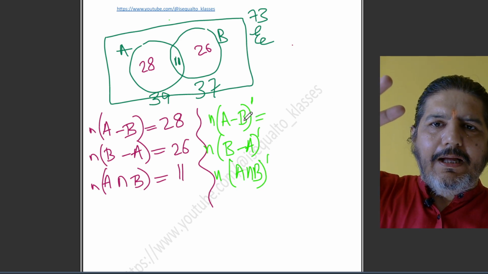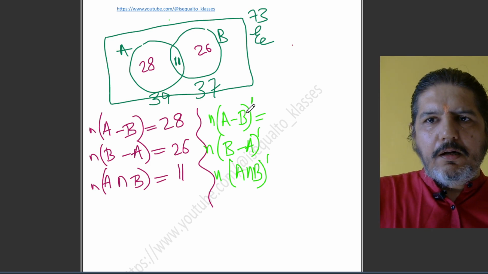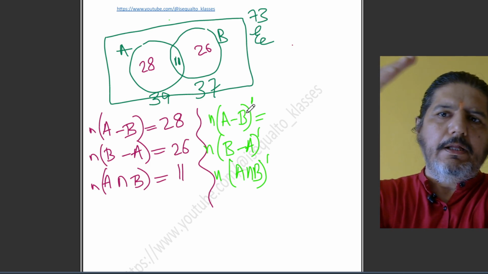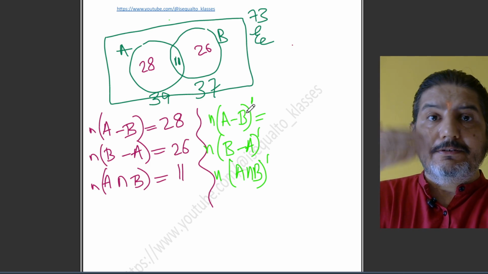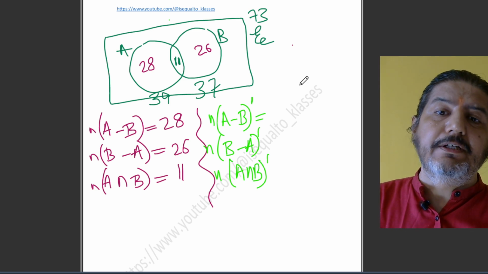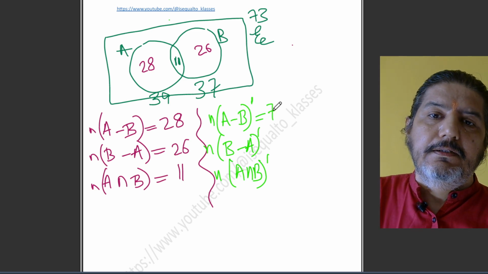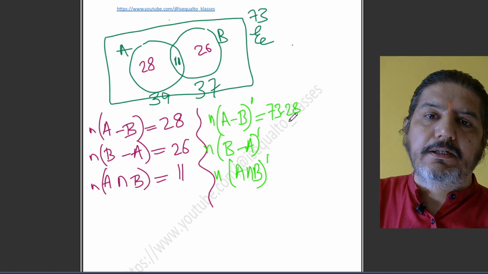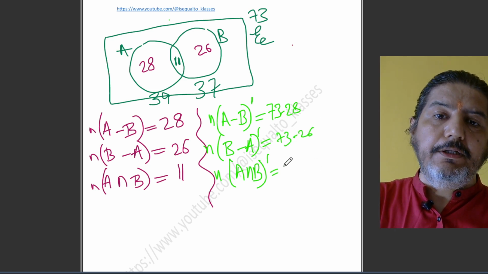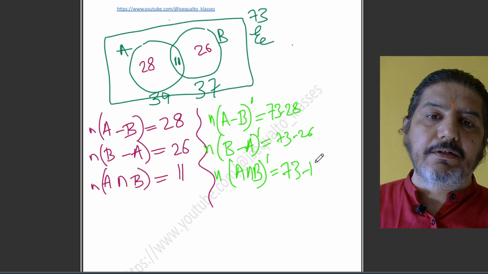See, leave all the elements in A minus B and consider the rest. So that would be equal to 73 minus 28. B minus A, 73 minus 26. A intersection B complement would be 73 minus 11.